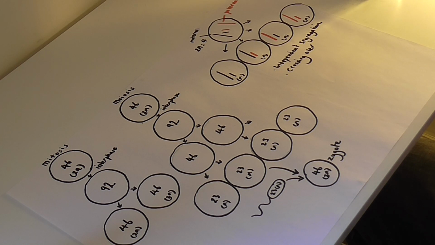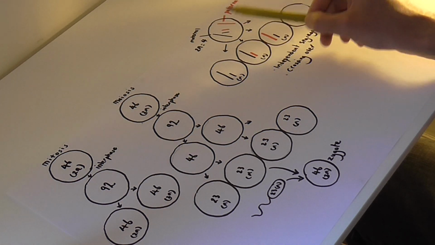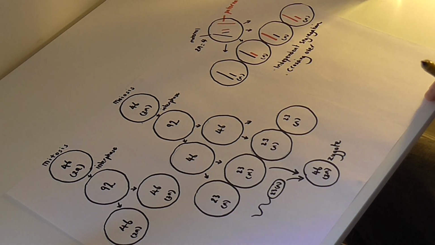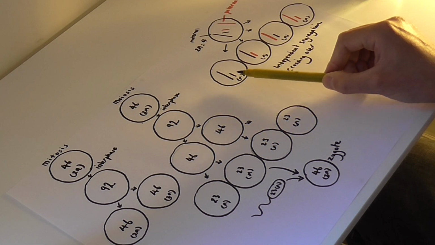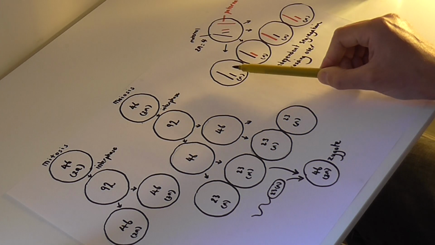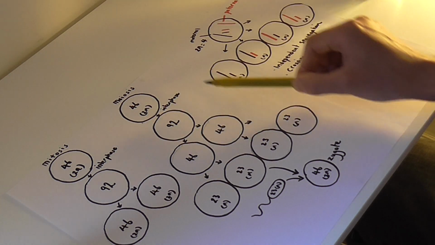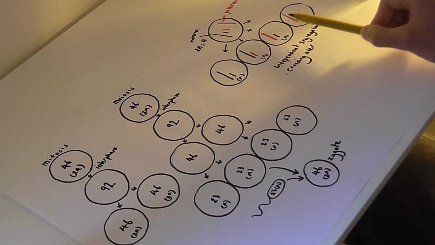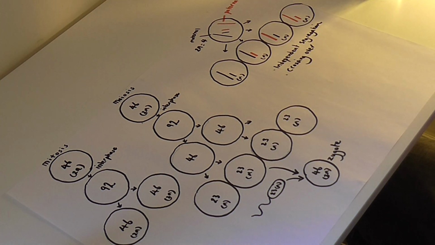So that fulfills the criteria of being haploid. So it has half the number of chromosomes of diploid, but remember the gametes must contain 1 chromosome from each homologous pair, plus you can see that each of these is different genetically in terms of their makeup.